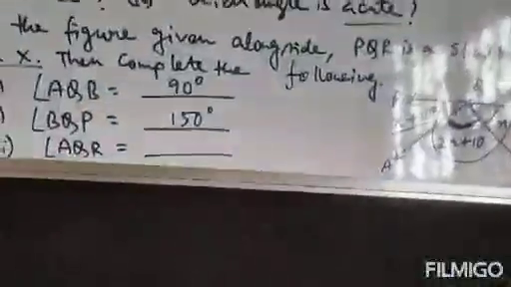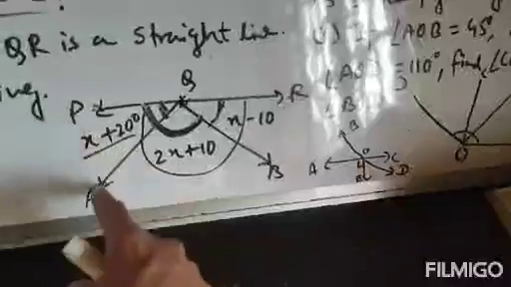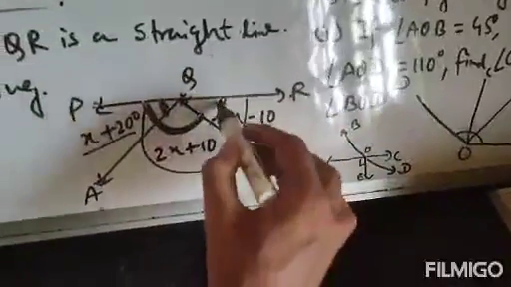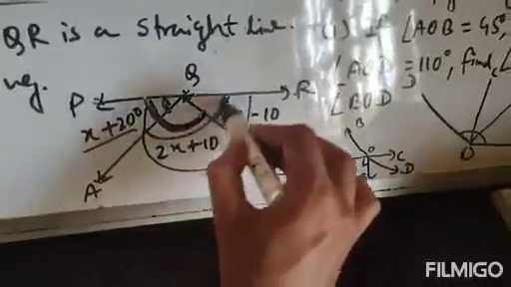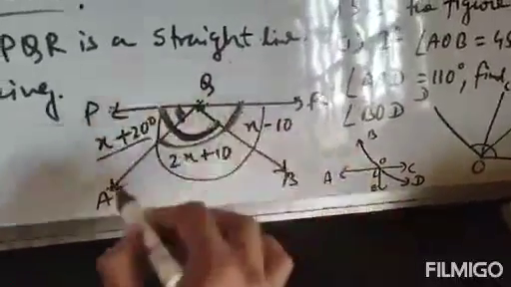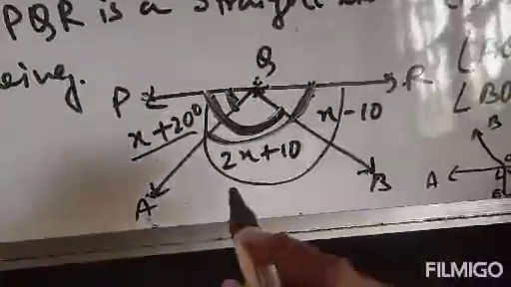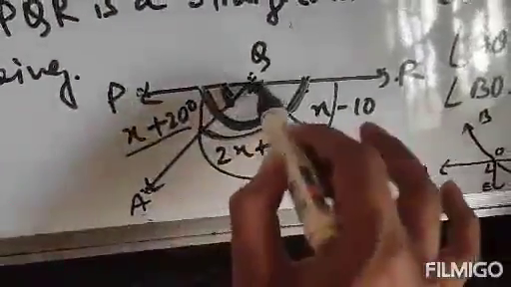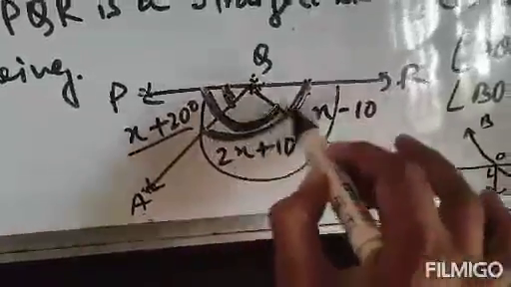Find out the angle AQR. So we have to find out AQR, that means this part is the AQR part.